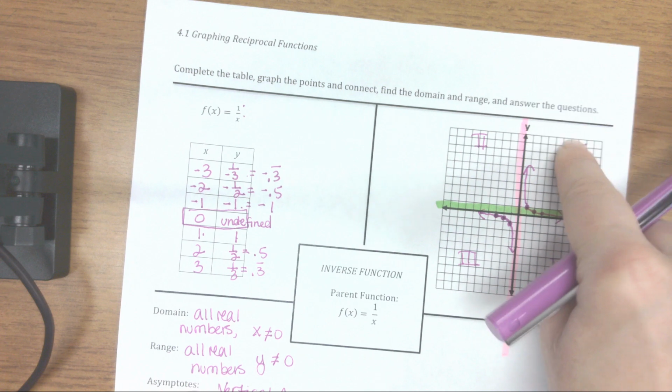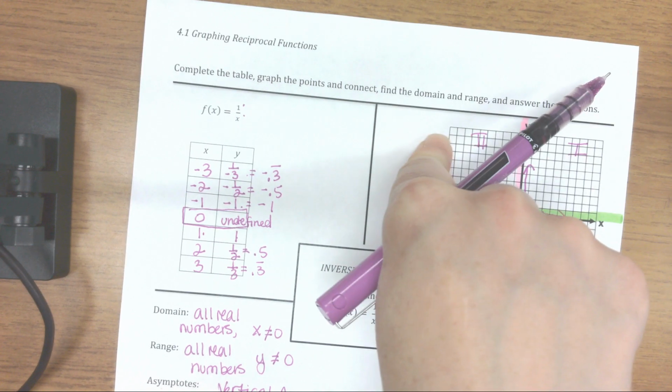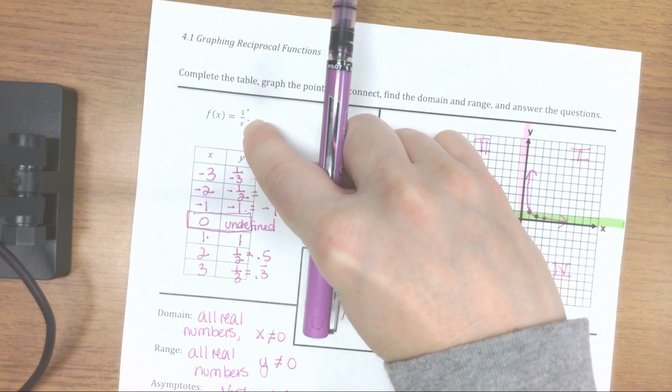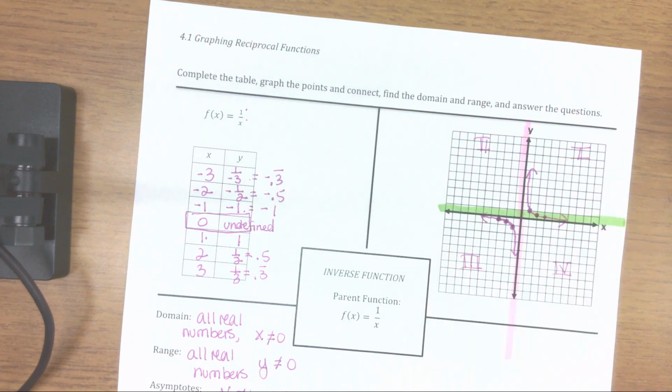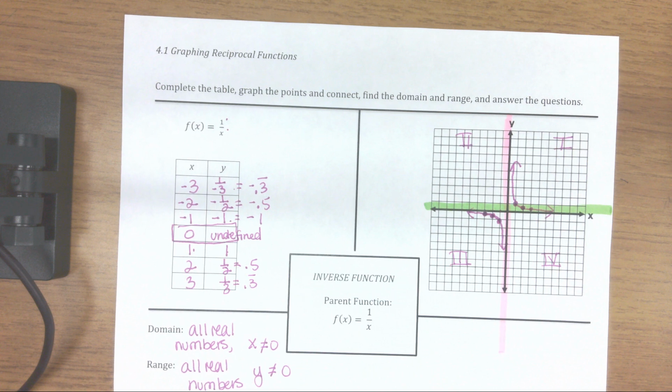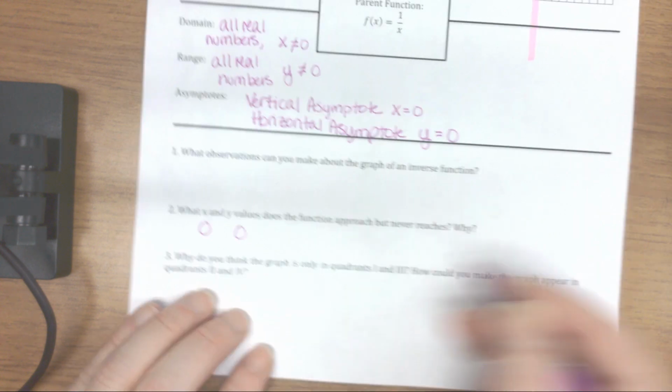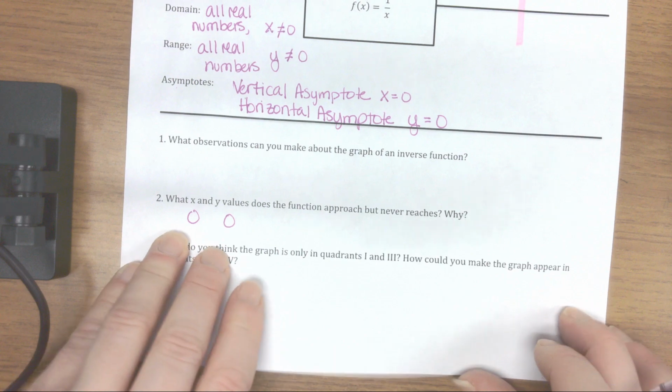That's why you're not going to see it show up over here. Because when I take a positive and divide by a negative, it's going to be negative, so it shows up down there. How we feeling? Not so sure. So let's flip over to the second page that I gave you.